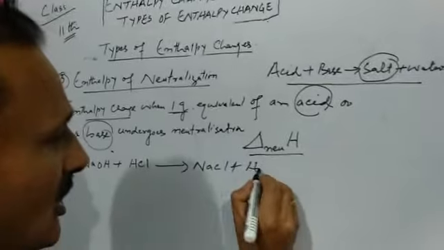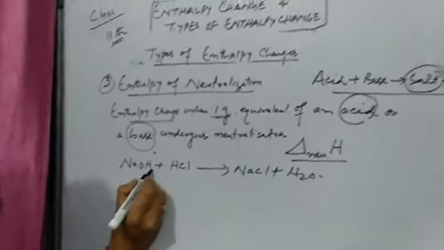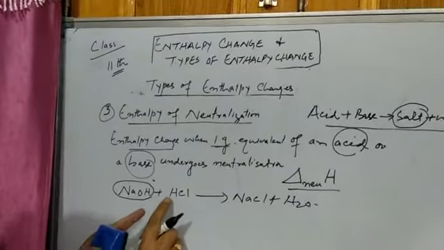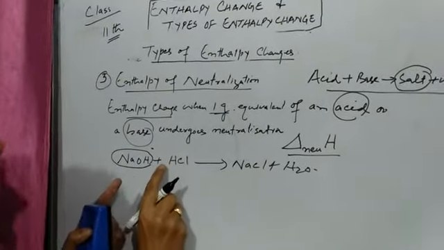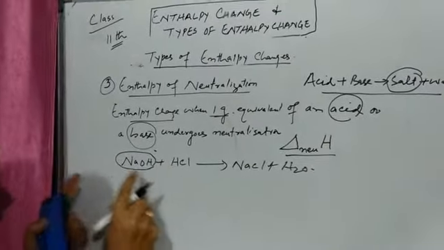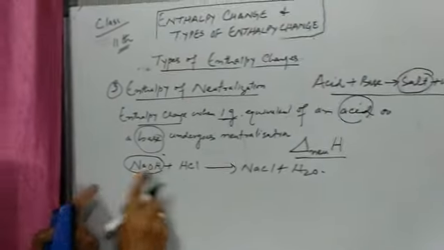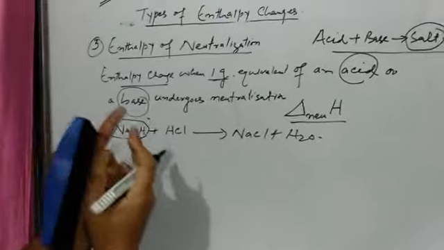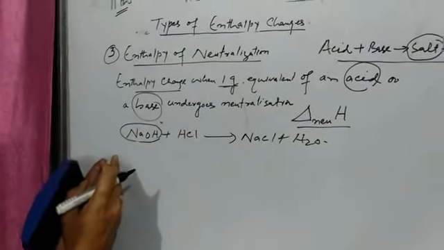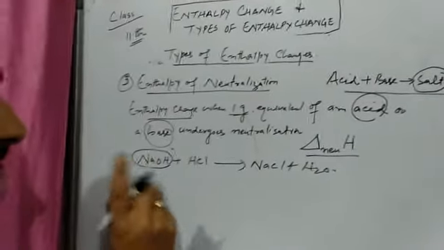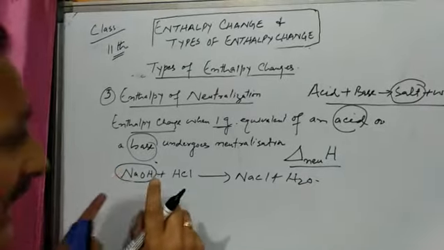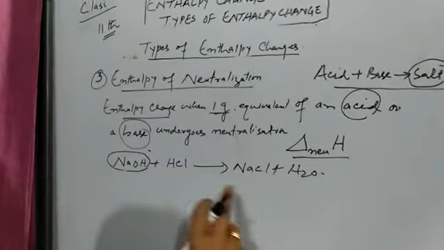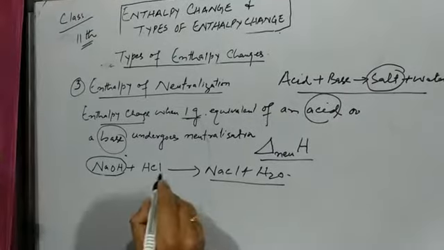So, how much of base has been taken? 1 mole. Or how much of this acid has been taken? Again 1 mole. So whether it is 1 mole of base or 1 mole of acid, when acid neutralizes base or base neutralizes acid, but how much acid or base? Only 1 gram equivalent. At that point of time, whatever is the enthalpy change, that enthalpy change is known as enthalpy of neutralization.